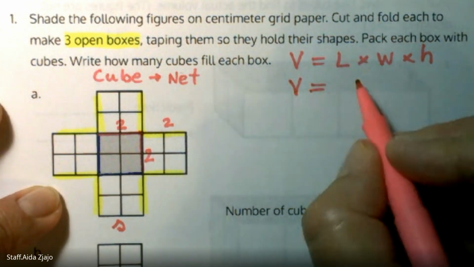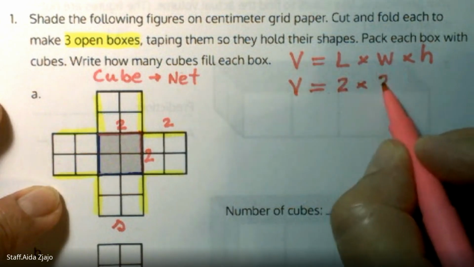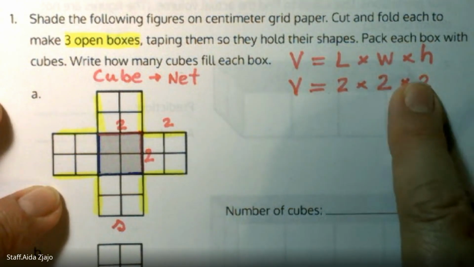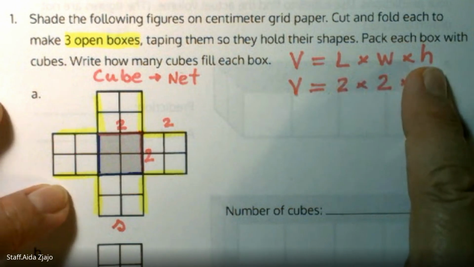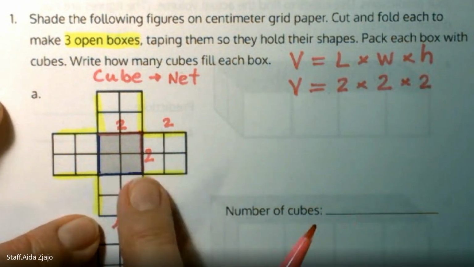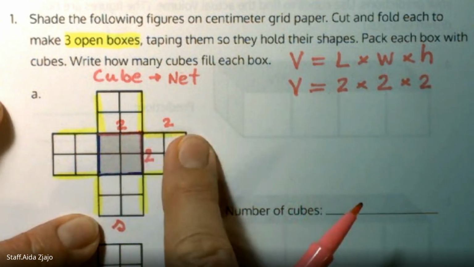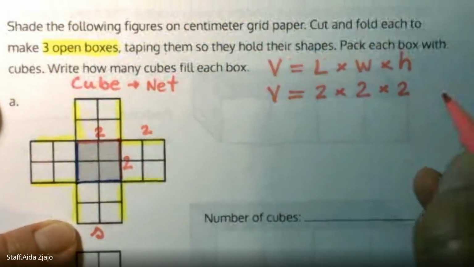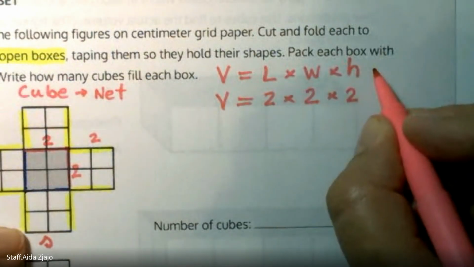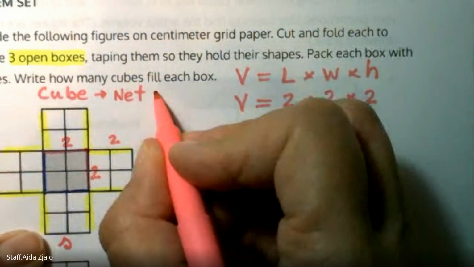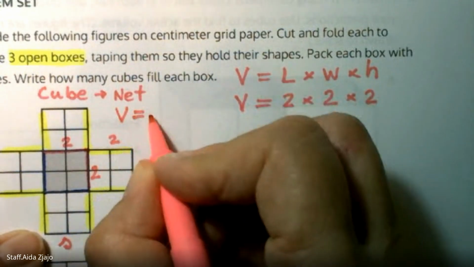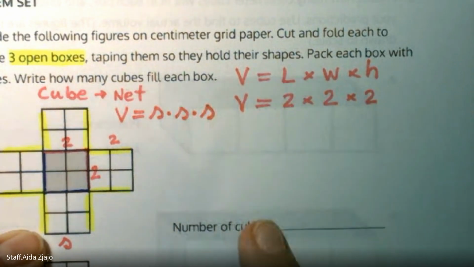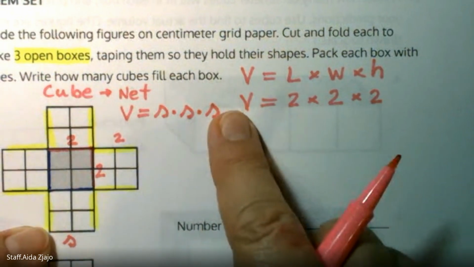So instead of L, W, and H, we can say S, S, S. To find the formula for a cube, volume is S times S times S.